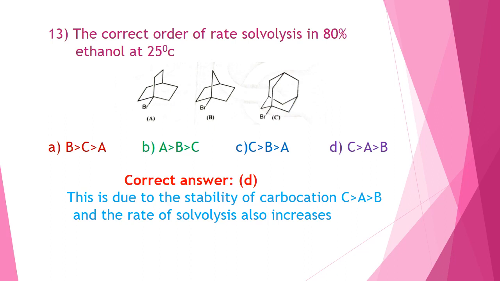The rate of the reaction mainly depends upon the stability of the carbocation. The carbocation of C is greater than the carbocation of A, which is greater than the carbocation of B. Therefore, the correct answer is D. Here you have to consider the stability of carbocation, C greater than A greater than B, and the rate of solvolysis also increases if we move from B to C. The correct answer is D.